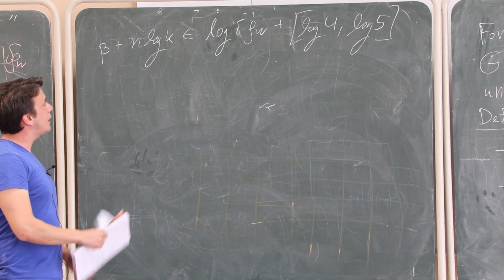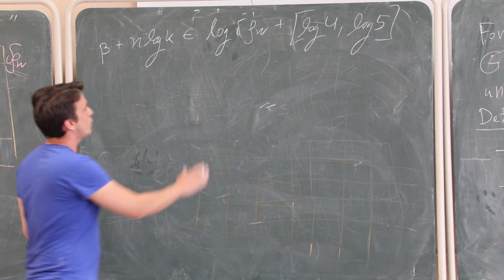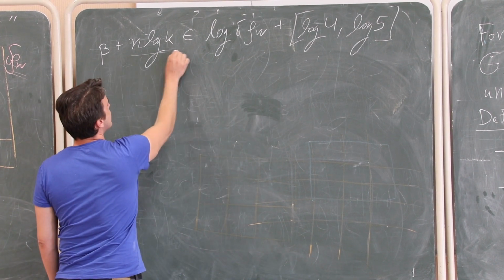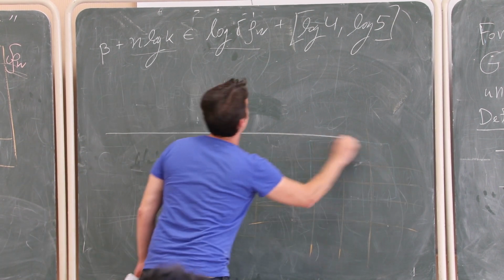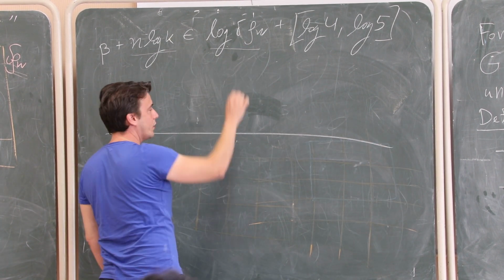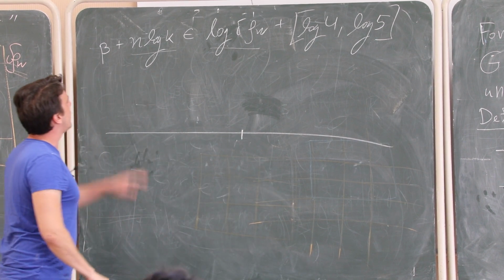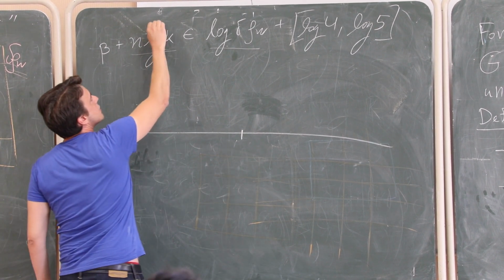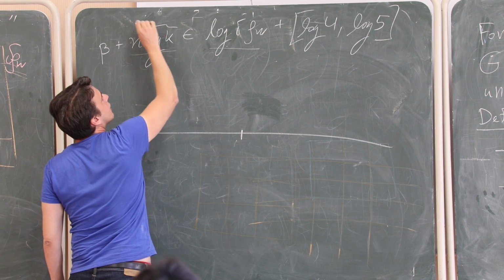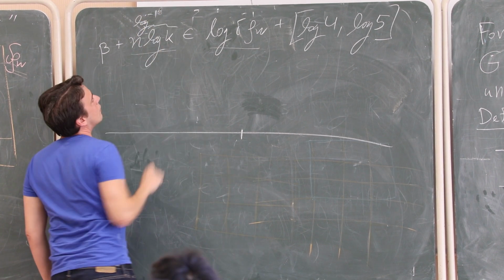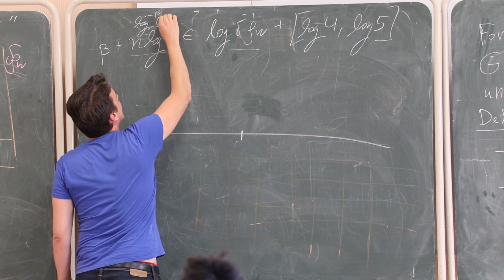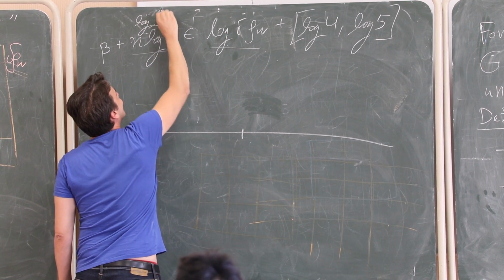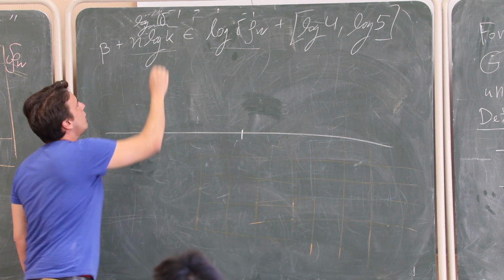What's going on here is that we have some fixed point on the interval. I don't know what it is, it's somewhere here. And log k is of order log of delta to the minus 1.